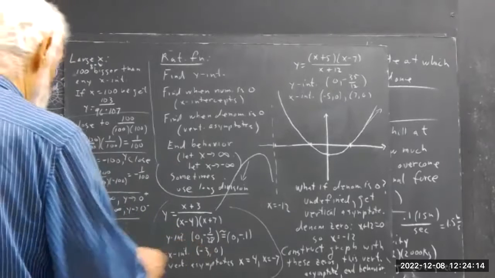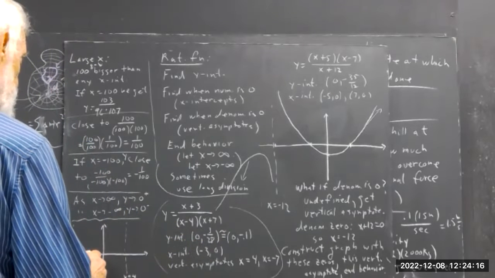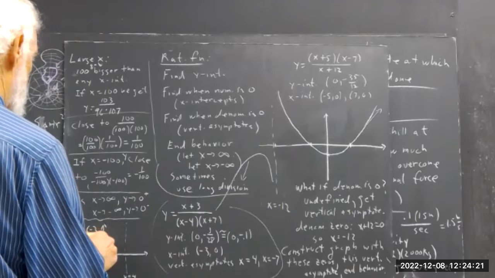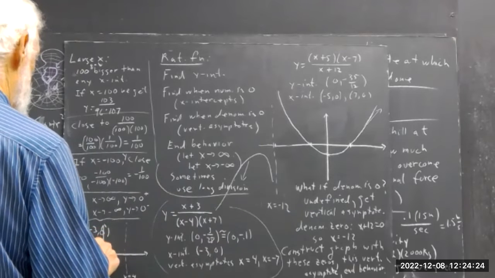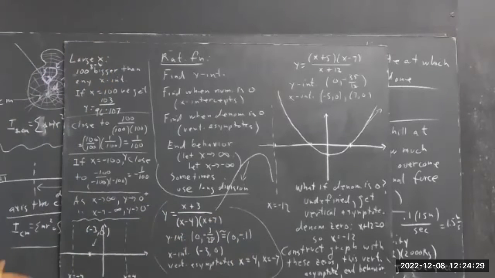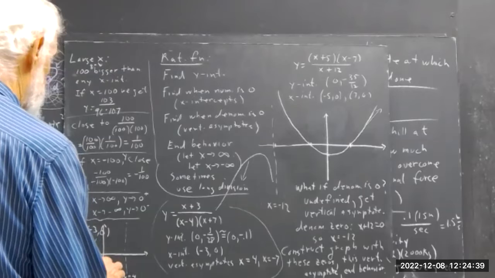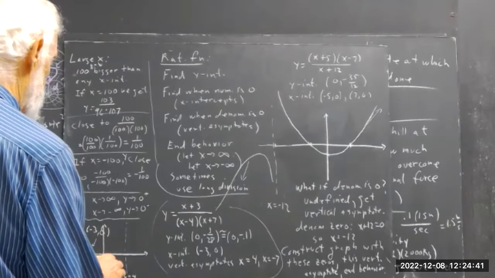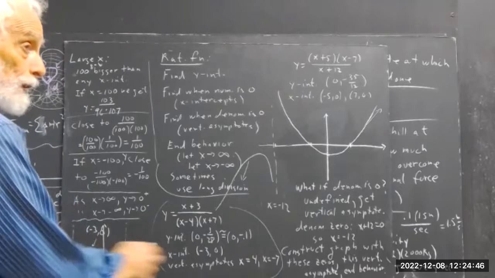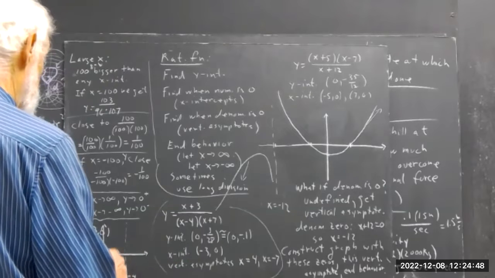Well, there's only one, it's a -3. Here's -3, 0. And then I'm going to put 0, -0.1. Now, I'm not going to use equal scales on my X and Y axes because -0.1 on this scale would be practically right on top of the origin. So I'm going to use a different scale. I'll still make it kind of small, but that looks more like -1 if you have the same scale you have on the X. That's 0, -0.1.